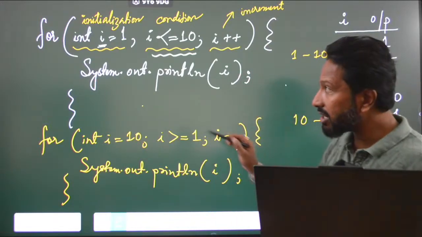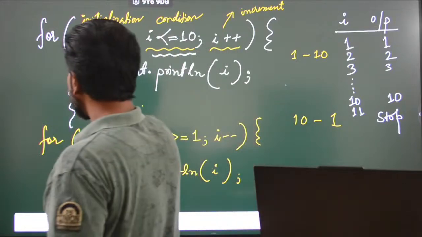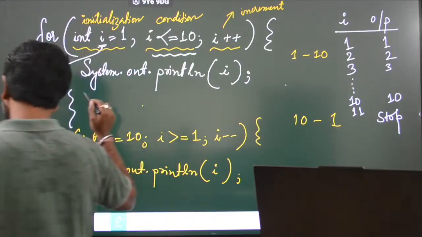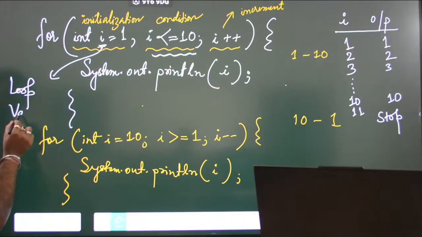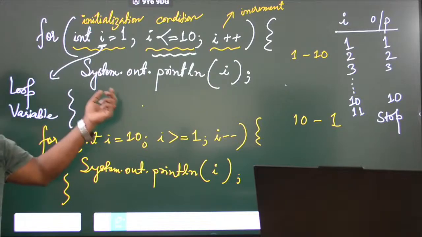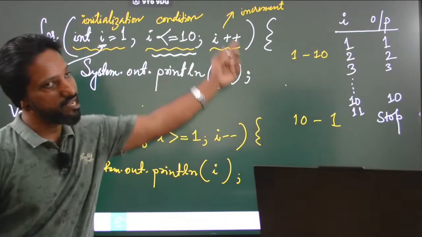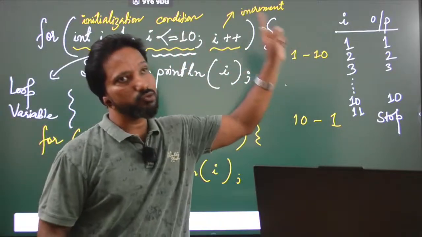That is why this part is the initialization part, and guys, please remember this i here is actually called the loop variable, or sometimes it is called the iteration variable, because this is actually an iteration. When we print the value of i, that is one iteration.